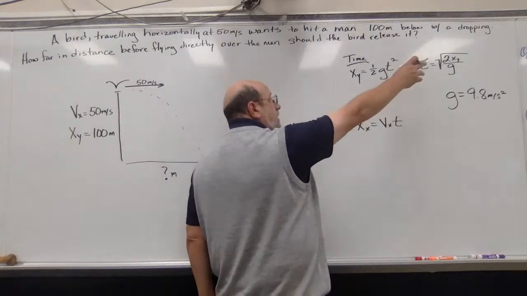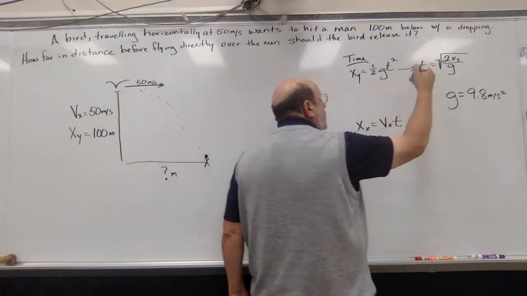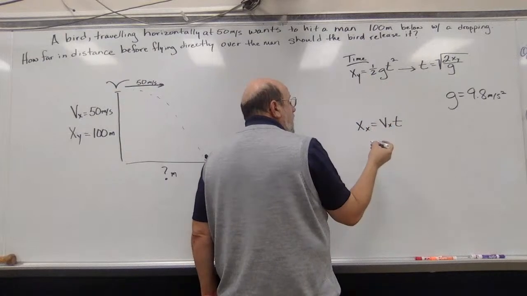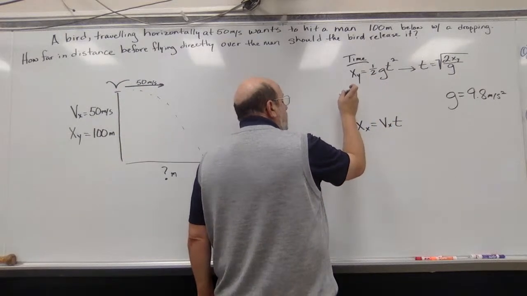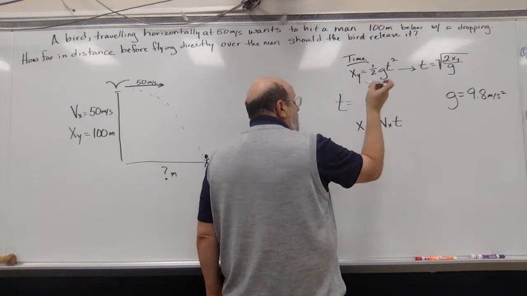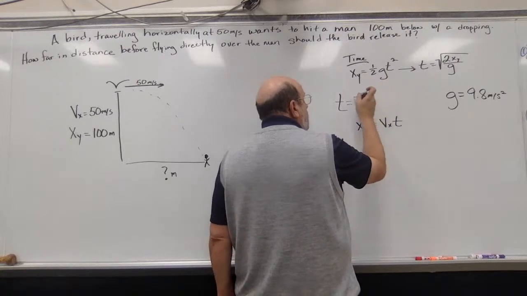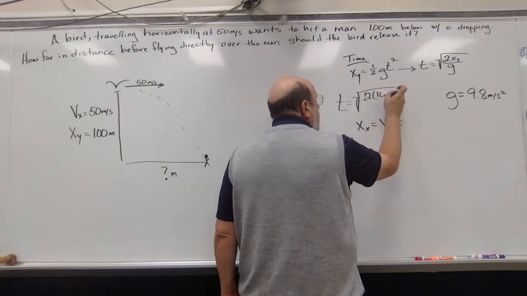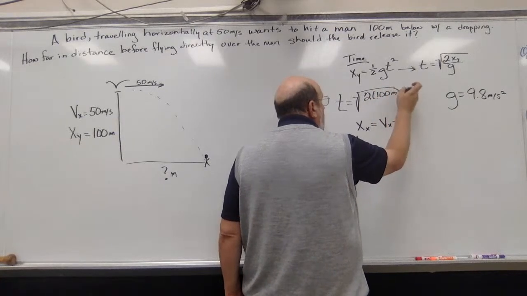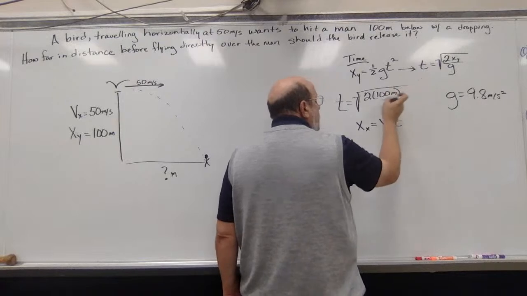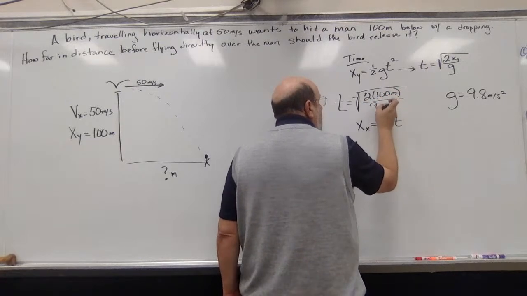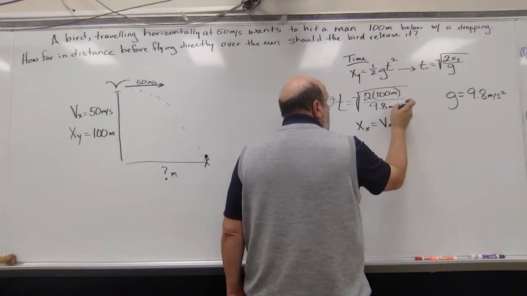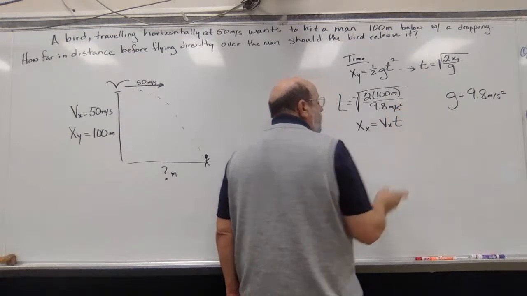So we're going to take this formula right here, and we're just going to go ahead and write it out. So t, the time in the air, is going to be equal to the square root of 2 times 100 meters, because it's 100 meters above the human, divided by 9.8 meters a second squared.